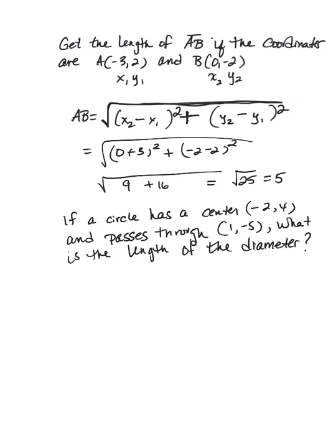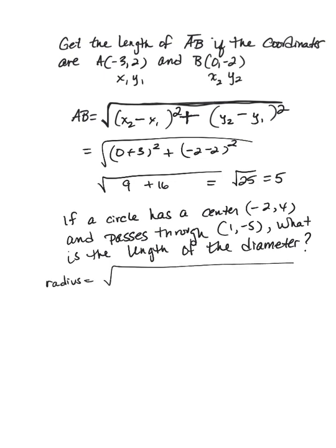Okay, number one, (-2, 4) is the center. And then you have it passing through a point. If we get the distance from the center to that point, that is the radius. So first we're going to find the radius.